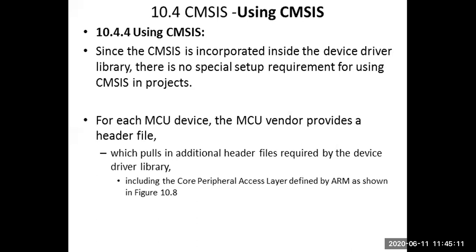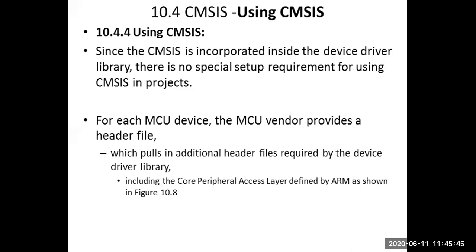They will give differently styled header files which pull in additional header files, that is, which include the additional header files required by the device, including the core peripheral access layer. It is the different microcontroller units: the M0 vendor, company 1, company 2, the Cortex M1 vendor, company 3, company 4. Like this, they will be giving header files which can be included in our program.